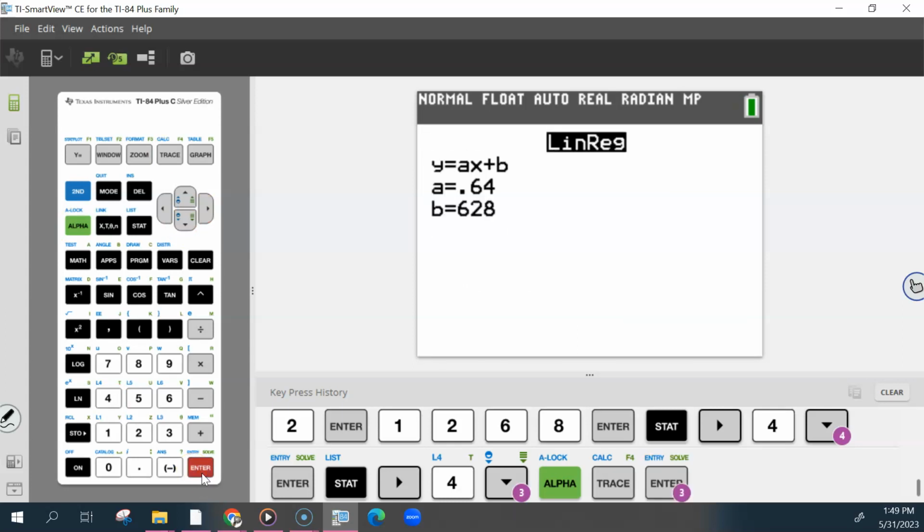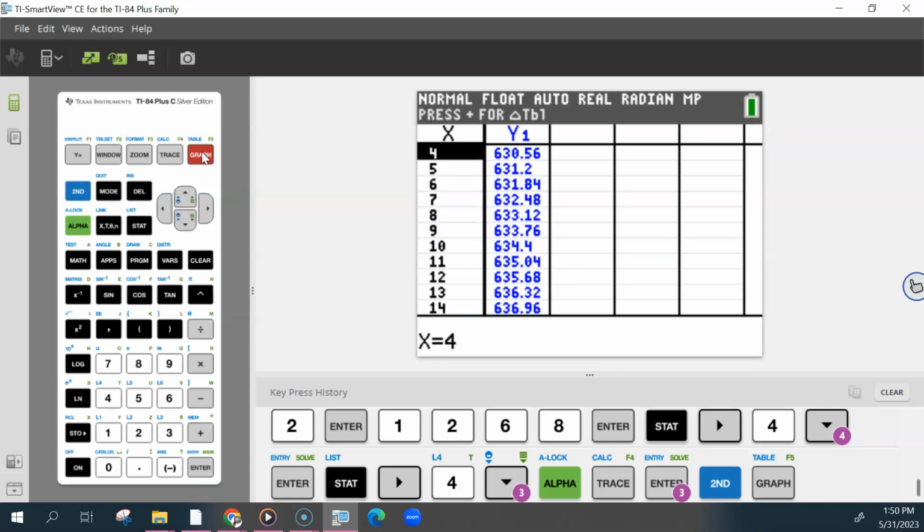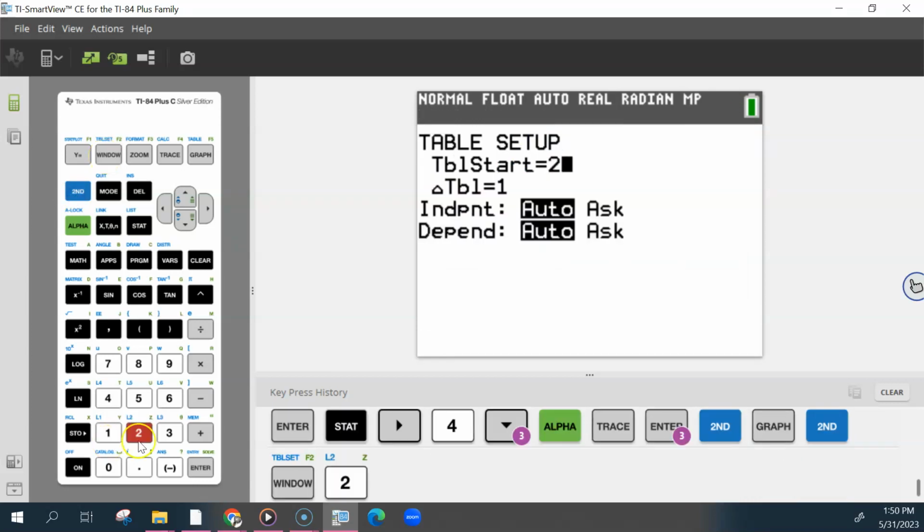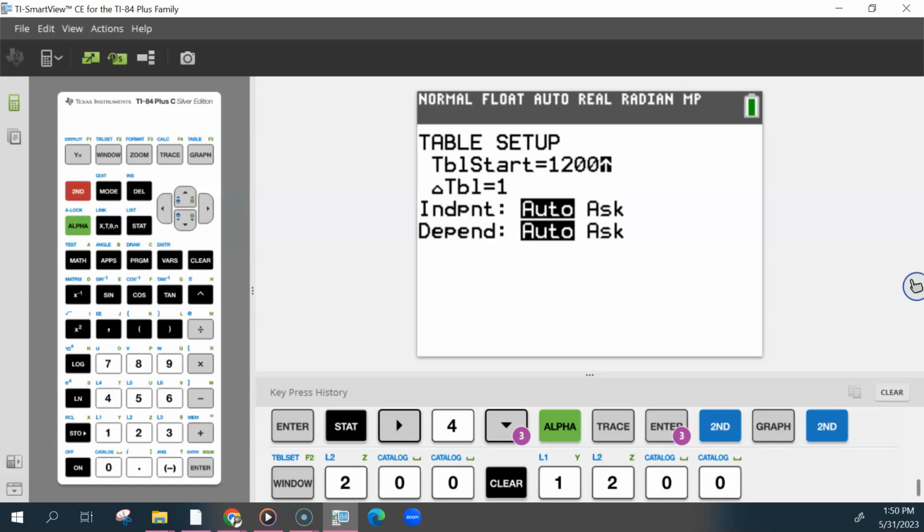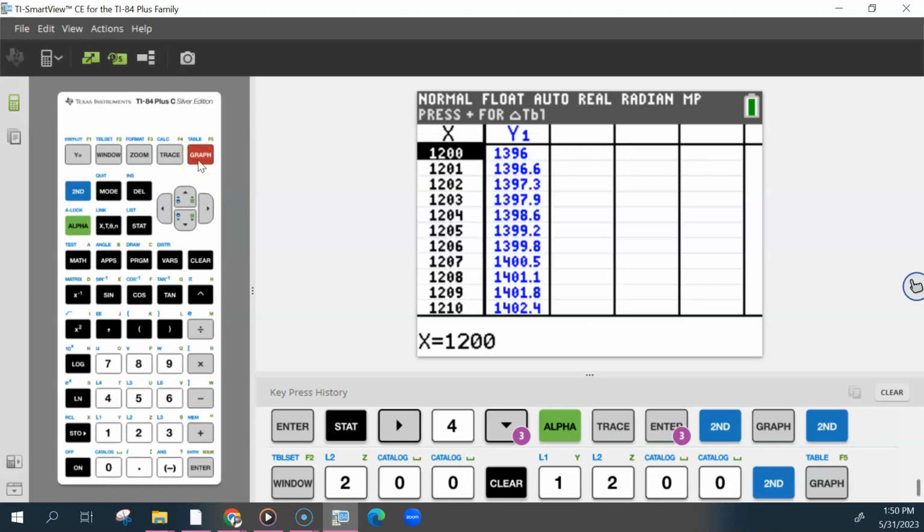Okay. So now that it is stored, you can either type in 1200, store it for X, and then find your Y value, or go into your table. You have to change your X to 1200. So second window, not 200, 1200. And find your Y price.